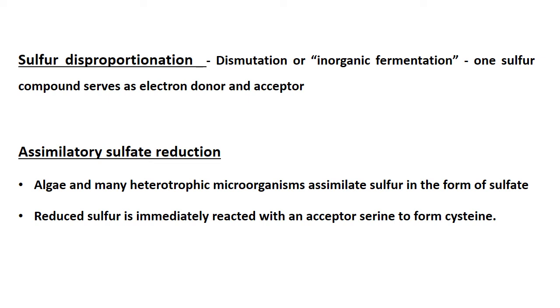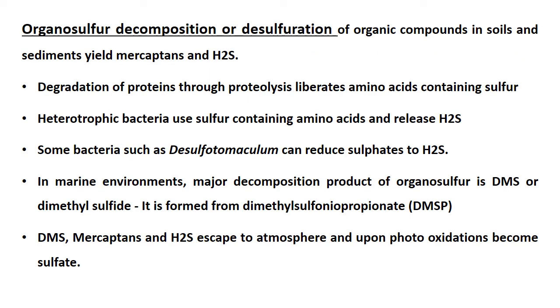During their sulfate assimilation, the reduced sulfur is immediately reacted with an acceptor, generally the amino acid serine, which upon reaction with the reduced sulfur will yield cysteine, the amino acid which contains sulfur. Cysteine is thus formed.